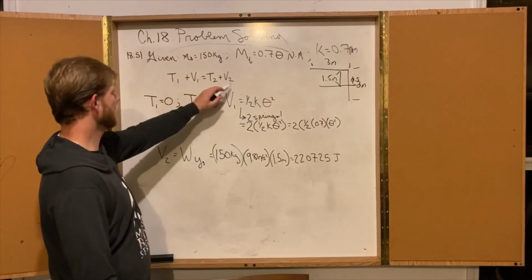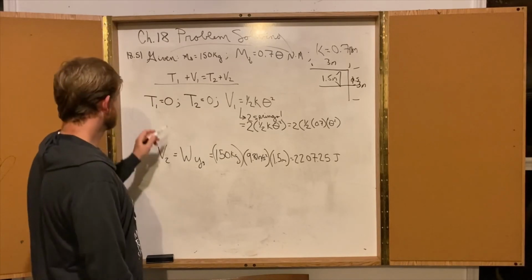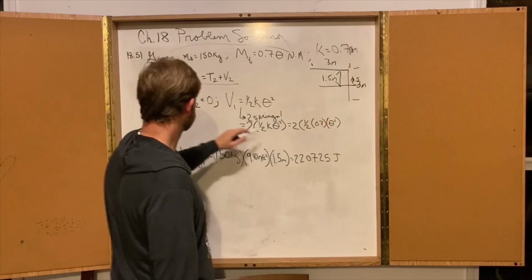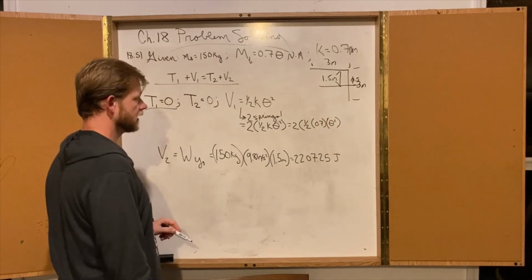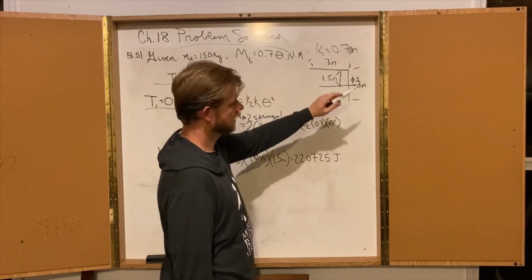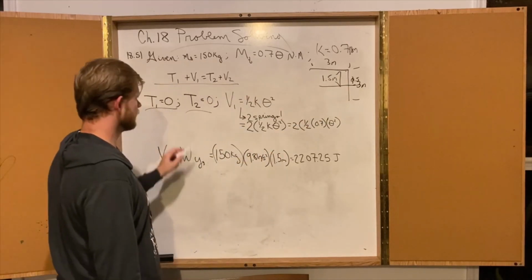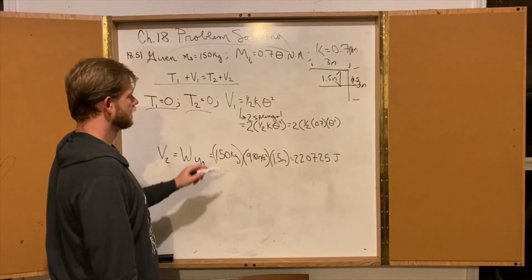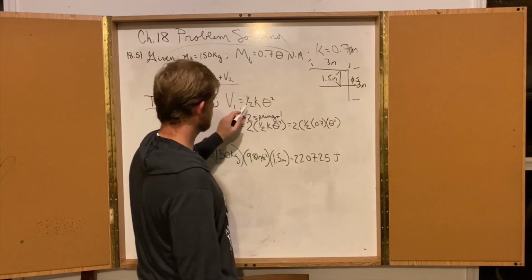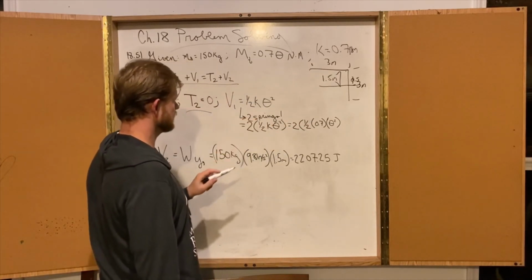So we have our equation we've been working on, conservation of energy. The kinetic energy at 1 when the door is down is 0. T1 equals 0. It's not moving. The kinetic energy when the door is up is 0 because it's not moving. The potential energy at 1 is going to be 1/2 our spring constant times theta squared.